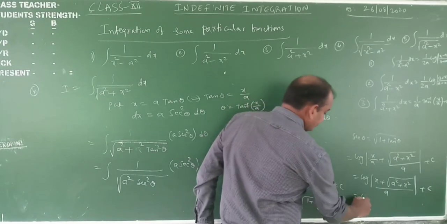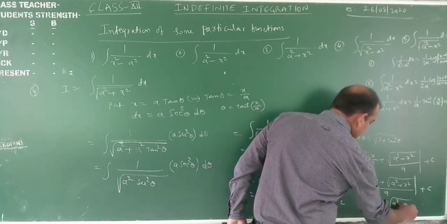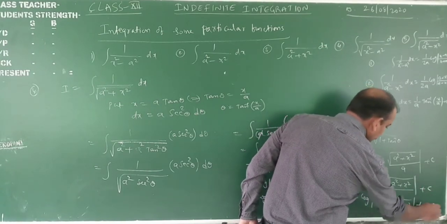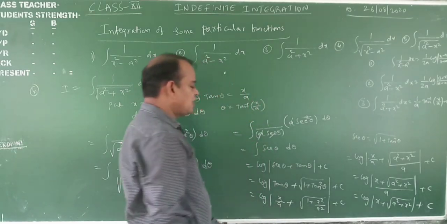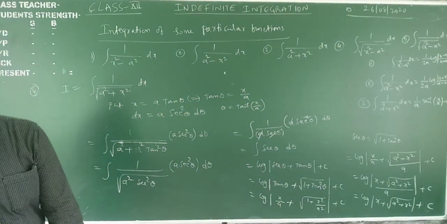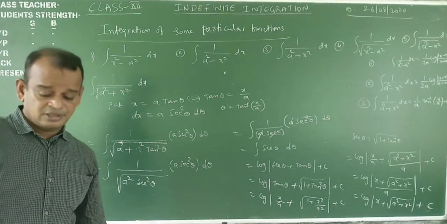So log mod x plus root over x square plus a square plus constant C. Okay, no problem at all. That is the formula for 1 by root over a square plus x square: log of x plus root over a square plus x square.